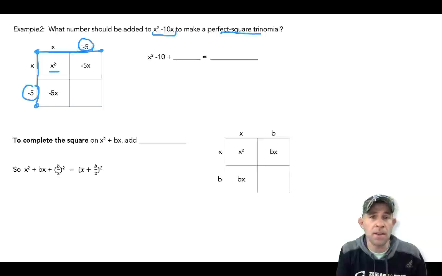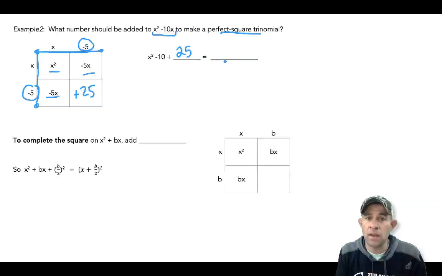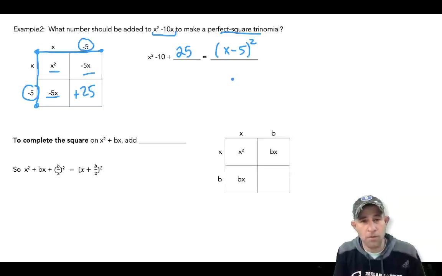When we multiply negative 5 and x, we get negative 5x. Same thing here for row 2, column 1. And finally, when we multiply negative 5 times negative 5, we get a positive 25. So the number that we add to create this perfect square trinomial is positive 25. And it is the same as squaring the binomial x minus 5.